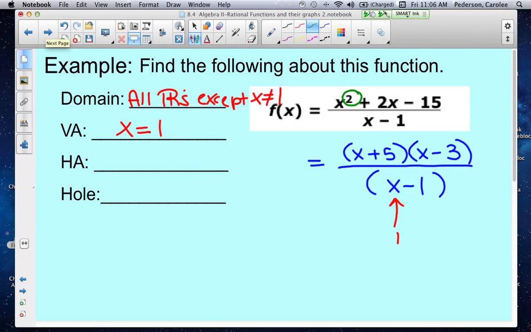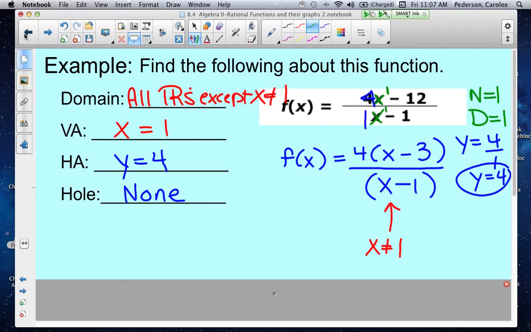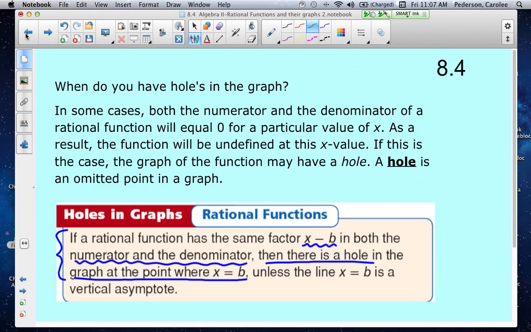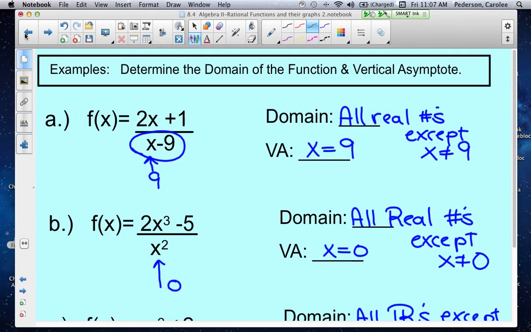So we look at the degree of the numerator. The degree of the numerator is 2. The degree of the denominator, that's a 1. So the degree of the numerator is greater than the degree of the denominator. So if we go back to our chart, you'll start to remember the chart when you do these over and over again.